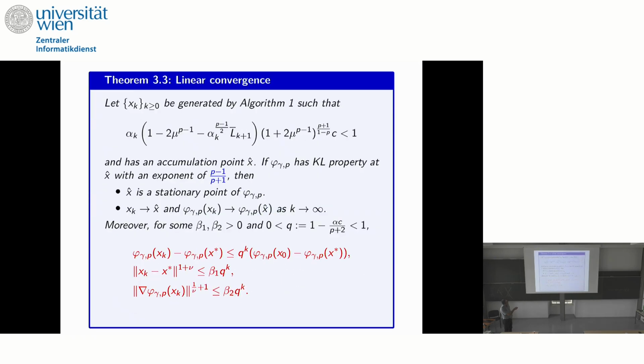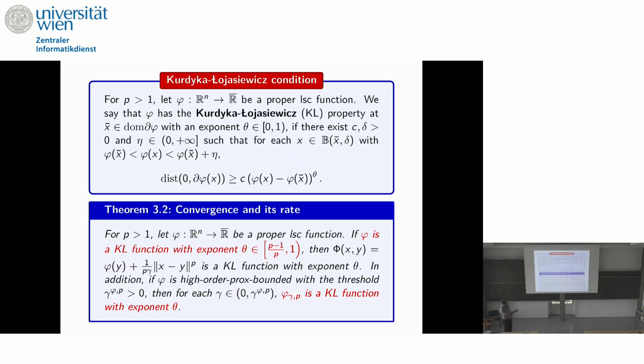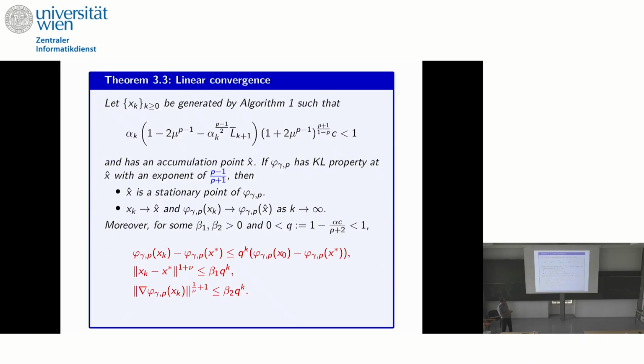Here you see I have a p minus 1, exponent should be p minus 1 over p plus 1, but here I have p minus 1 over p.